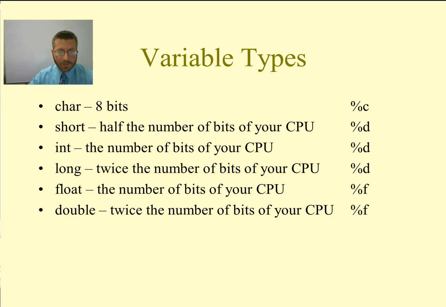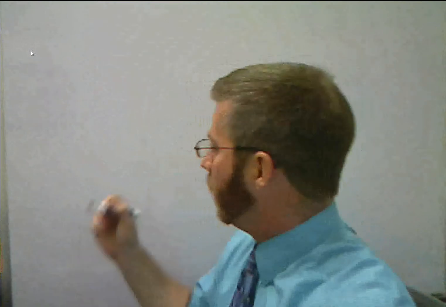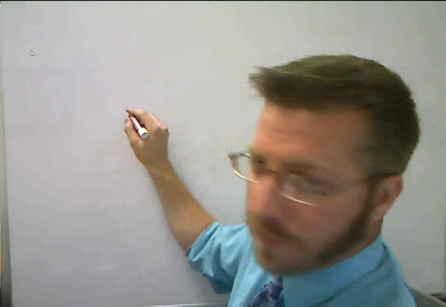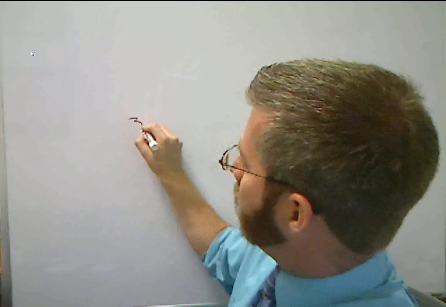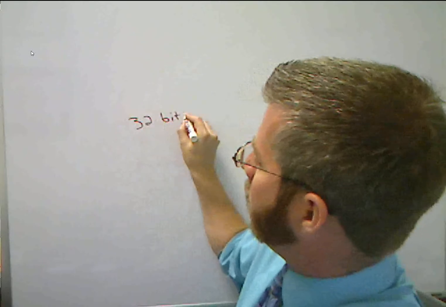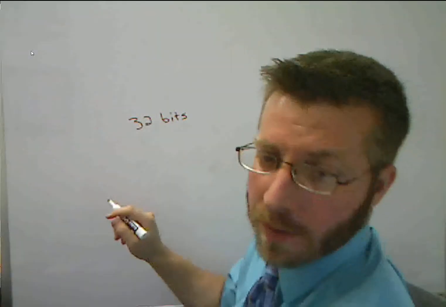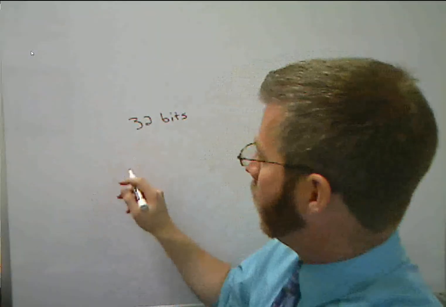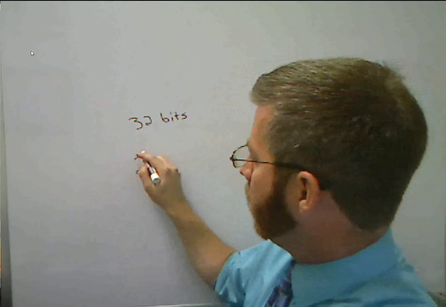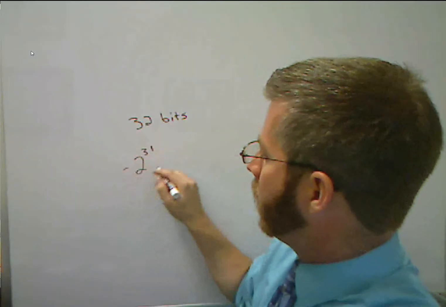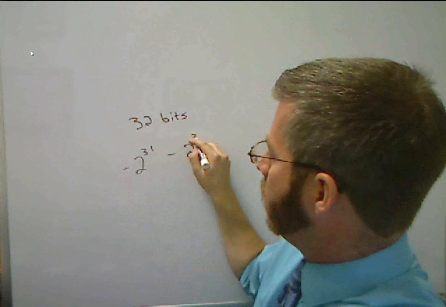So that you can get a feeling for how many bits that actually is, let me show you here on the whiteboard. If we have an integer which is 32 bits, let's say that we have a 32-bit processor, so we have 32 bits for our integer. That means that we can represent numbers that go from negative 2 to the 31 up to 2 to the 31.